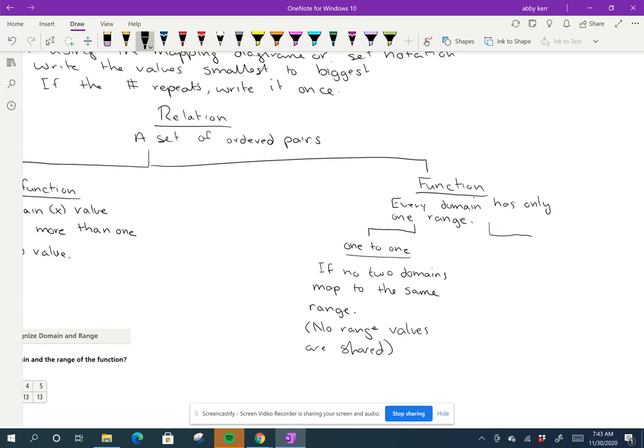And then for the function that's not 1 to 1, it's when two or more domains map to the same range.